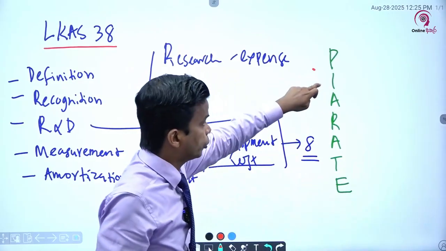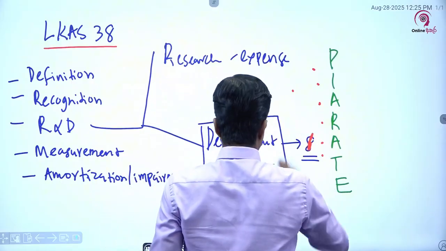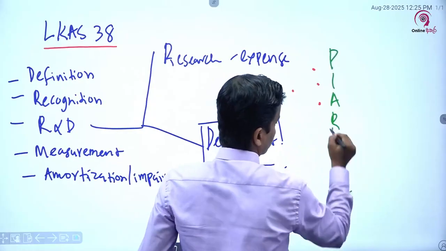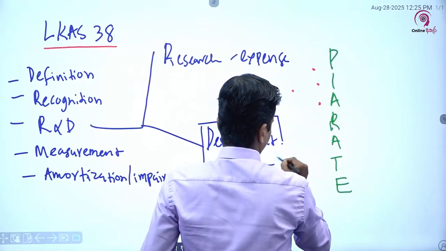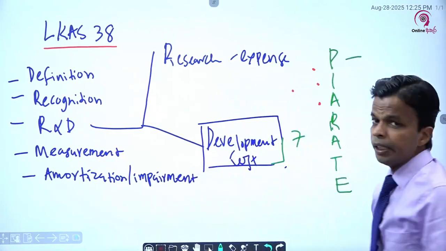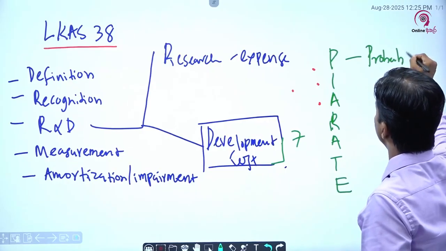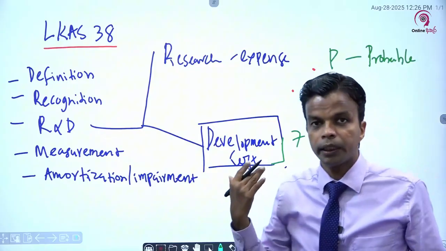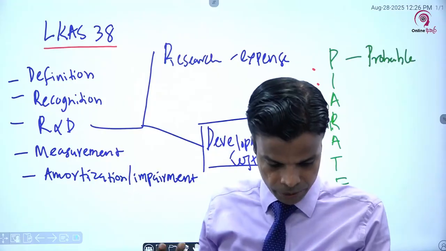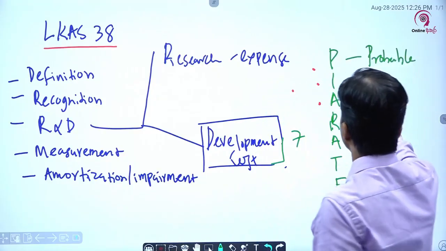Seven criteria actually. P is for probable economic benefits. You should be able to establish that there are probable future economic benefits.